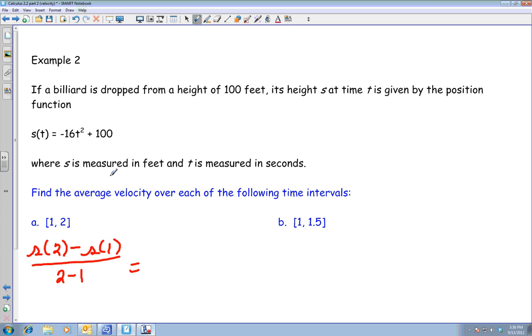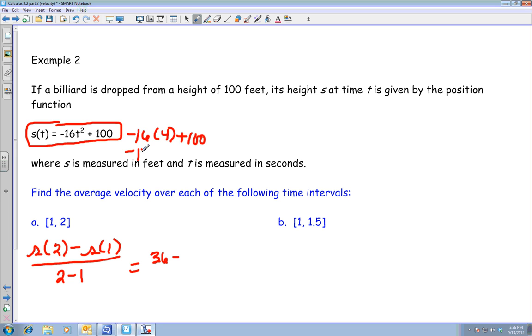So when I plug 2 into this equation, I get negative 16 times 4 plus 100. When I work that out, you should get 36. Now I'm going to take 1 and plug it into this equation.